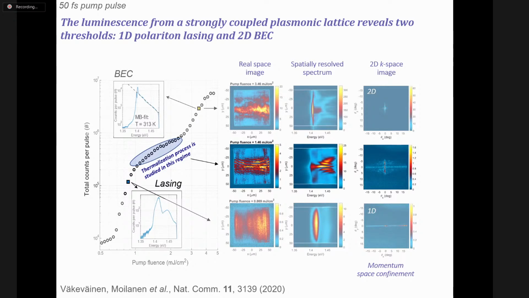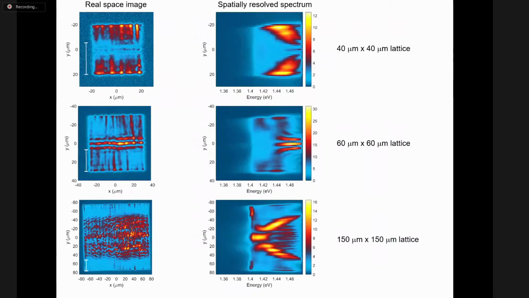For example, here we already see these interference patterns arising in the array, which originate from the light traveling in the up and down directions along the array. And meanwhile, propagating, the population undergoes thermalization. But it's not complete in this regime yet, but we can still learn something from this thermalization mechanism.